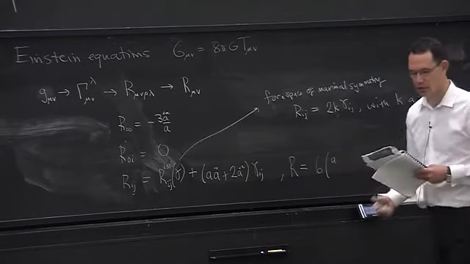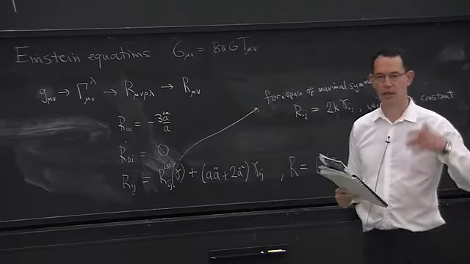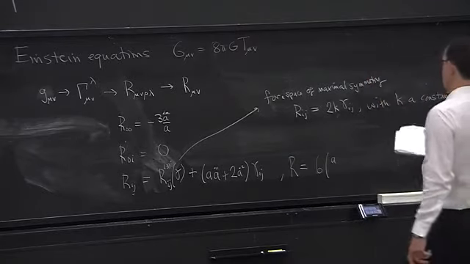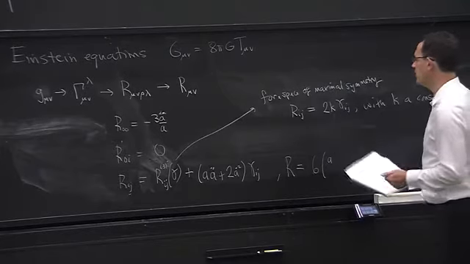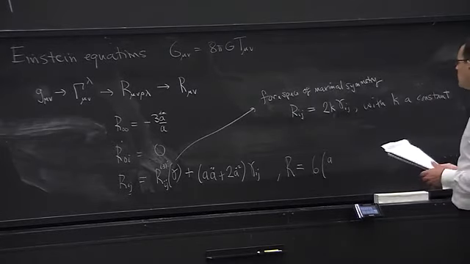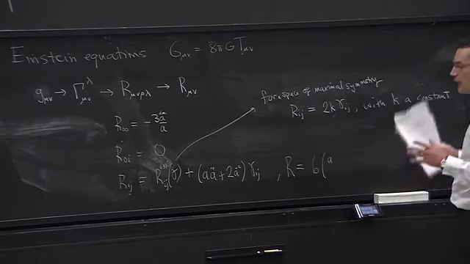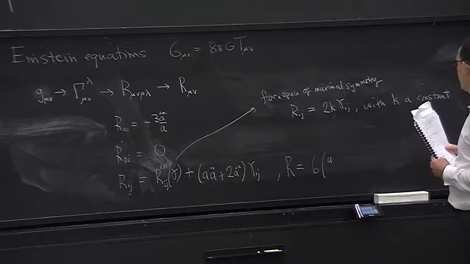Okay, so that's a completely general result: maximal symmetry implies that the Ricci tensor is proportional to the metric tensor in any coordinate system.